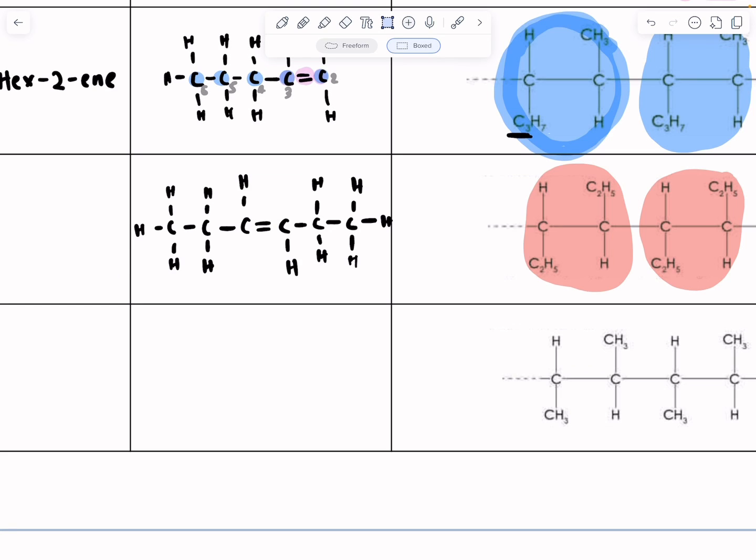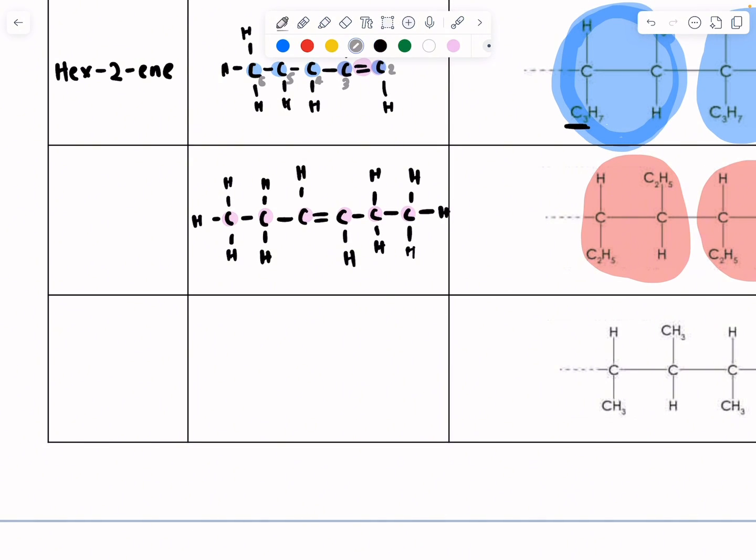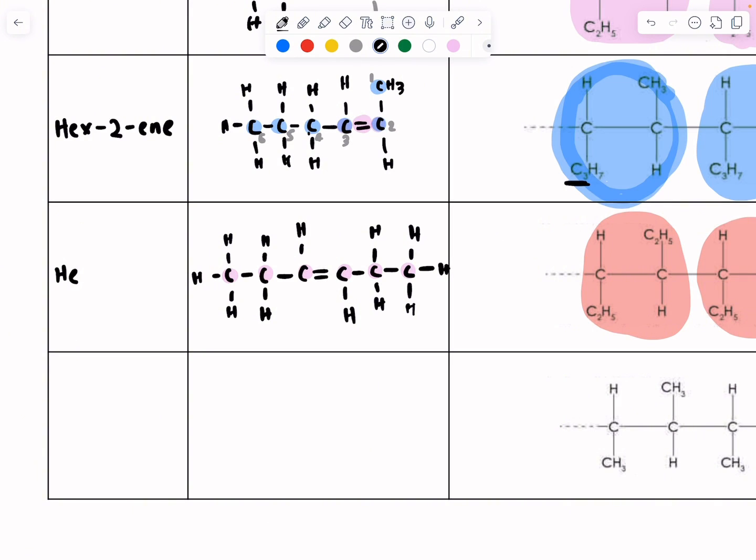Well, let's count the carbons. We have 1, 2, 3, 4, 5, 6 carbons. So the prefix for that is hex.